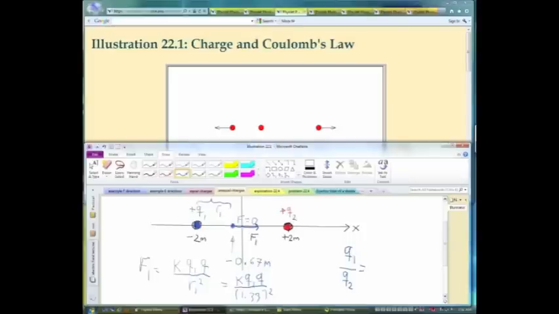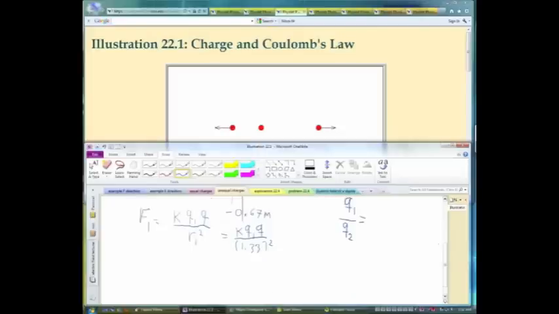That's F1, so I could draw that vector this way. And the other vector is the repulsive force due to the charge on the right. So that is going to have to be a vector of the same magnitude, of course pointing in the opposite direction. So that's F2. So how much is F2? It's K, Q2, Q again, divided by R2 squared. How much is R2?